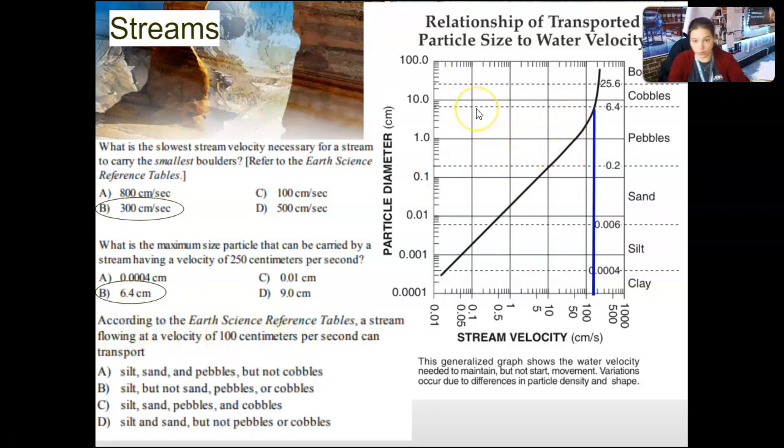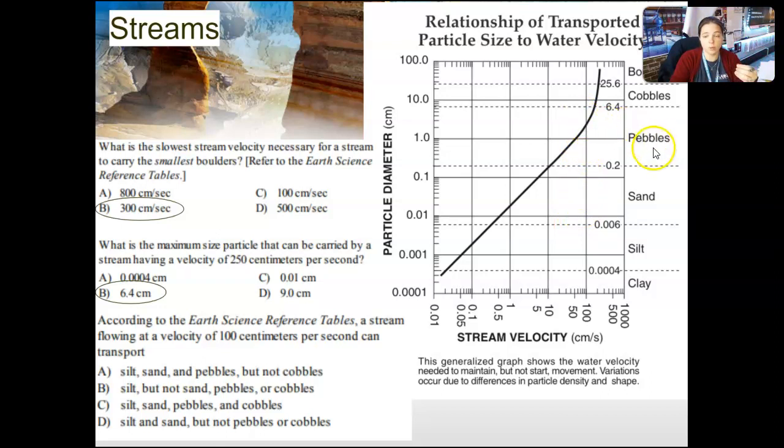According to the reference table, for a stream flowing at a velocity of 100 centimeters per second, I can follow it straight up. It wants to know everything it can transport, which means everything from here down can get transported in suspension.